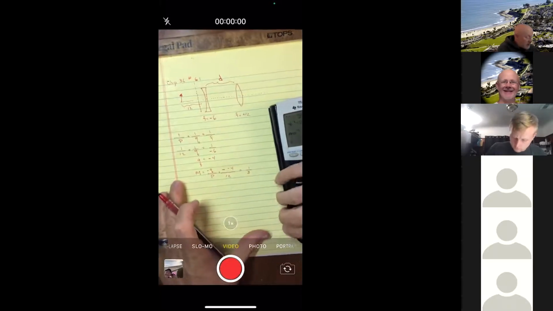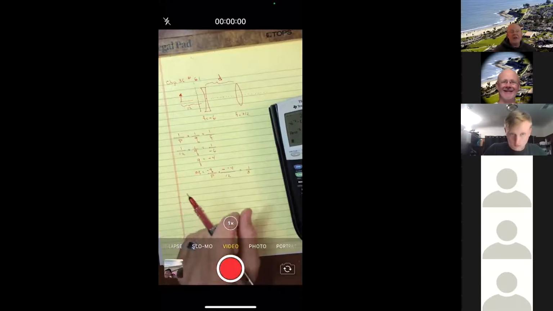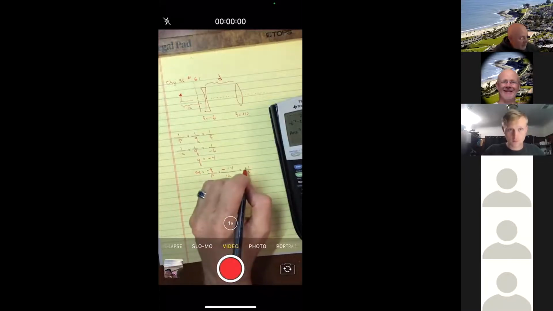Having a magnification of 1/3 sounds funny because it's a demagnification, and it means that the image is 1/3 the size, but the first thing I'm going to look at is that it's positive. And so I'll say it again, one of the challenging things about this chapter is keeping track of what is positive and what is negative.